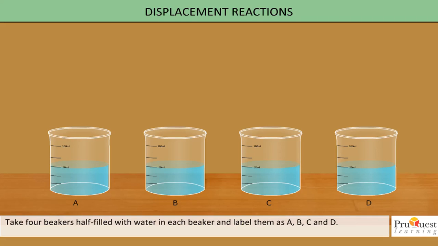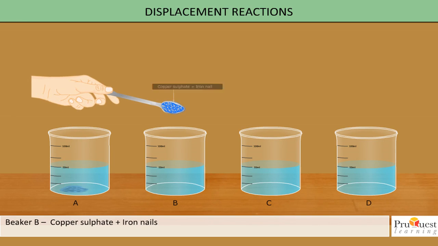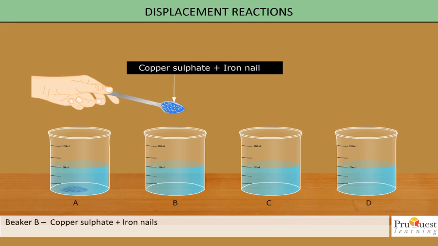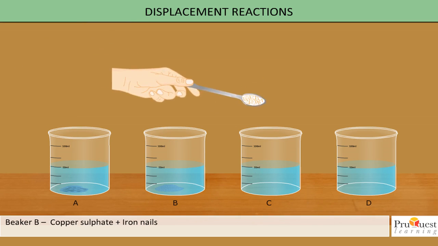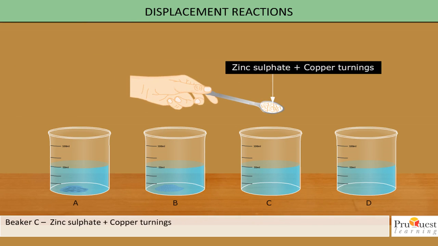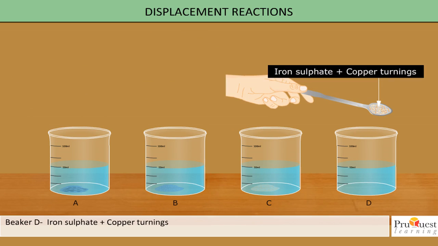Take 4 beakers half filled with water and label them as A, B, C, and D. Add a mixture of copper sulfate and zinc granules, copper sulfate and iron nails, zinc sulfate and copper turnings, iron sulfate and copper turnings.